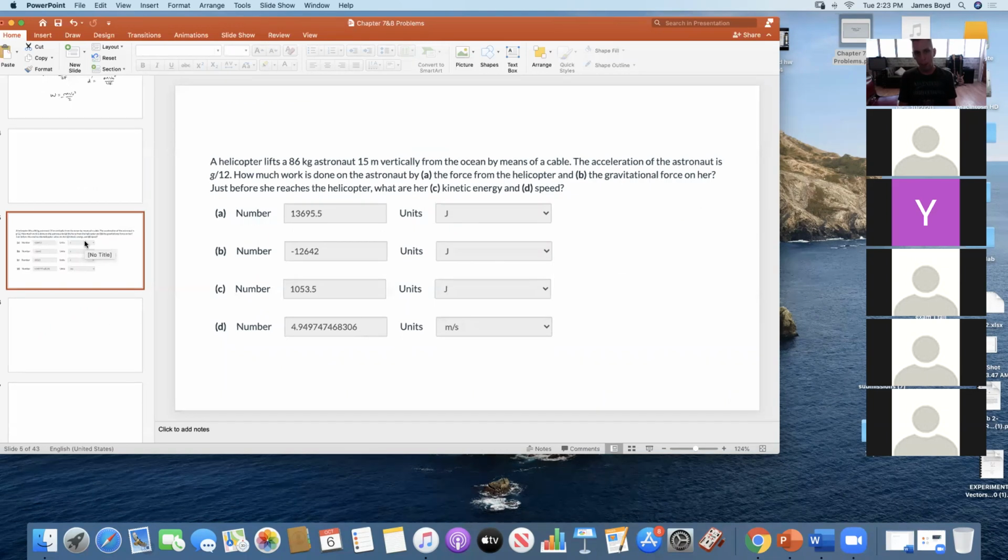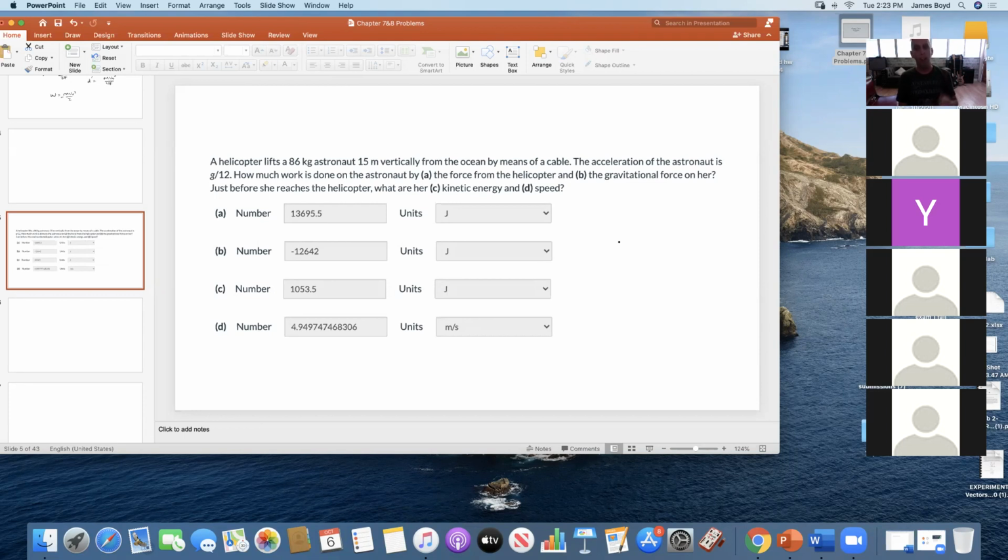This problem is one of those problems that you might think is really easy and not realize how many different concepts you have to understand to get this correct. So we have a helicopter lifting an 86-kilogram astronaut 15 meters vertically with acceleration. Okay, so there is acceleration here.